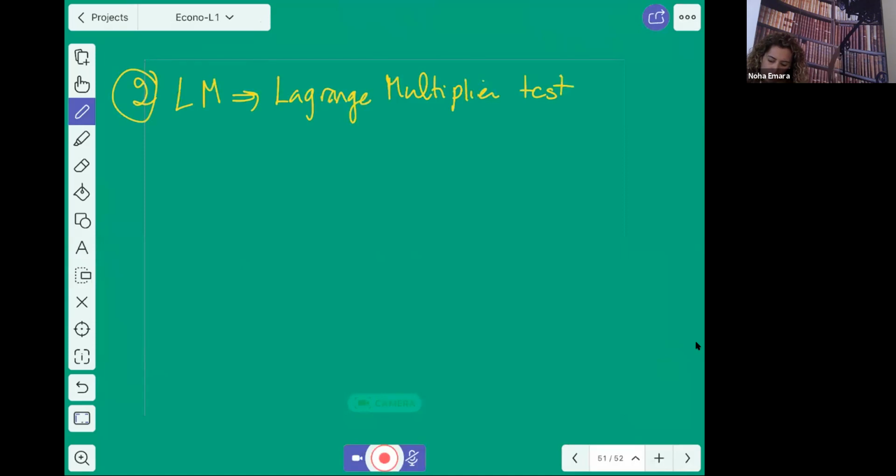So it has this formula. It simply takes your sample size, multiplies it times the R square that you get from the regression of u_i hat squared. That's it.